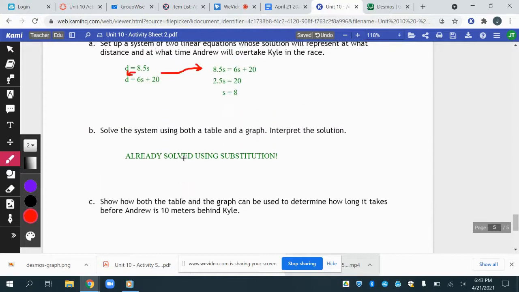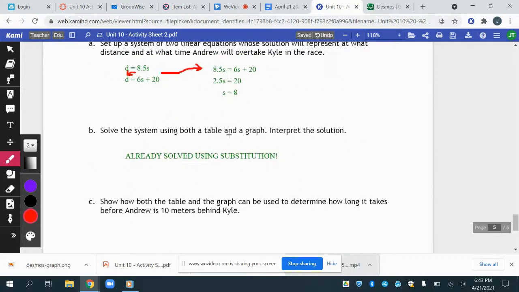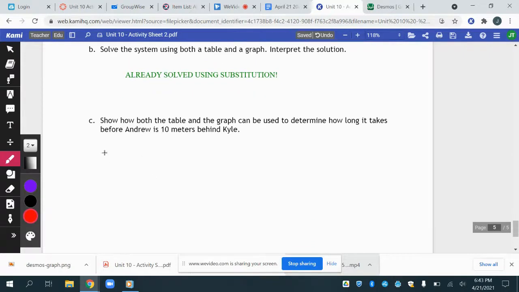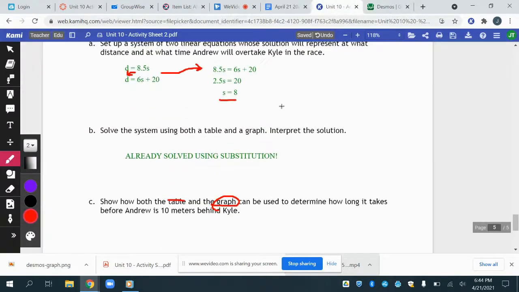Show how both the table and the graph can be used to determine how long it takes for Andrew to catch up. Oh, sure, we'll put a table in there. So we know it takes 8 seconds, right? Let's see where that is. The nice thing about the graph is that it'll also give us how far they went.